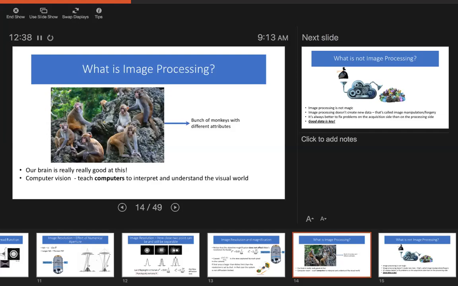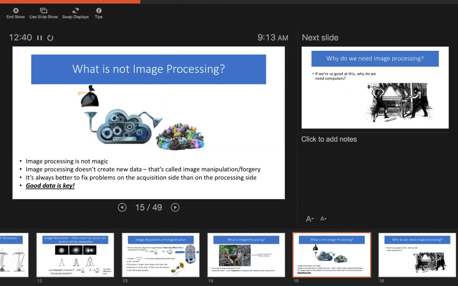Okay, so what is not image processing? Image processing is not magic, right? We can't create data or create information when it's not there. If we are trying to create information when it's not there, that's called image forgery or image manipulation. Don't do that. It's always, or almost always, better to fix problems with your data on the acquisition side than on the processing side.